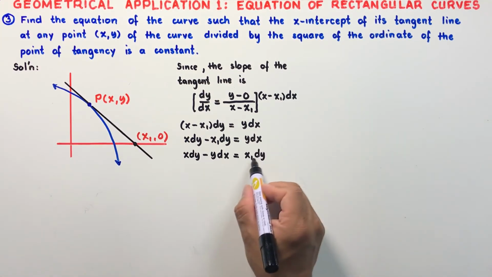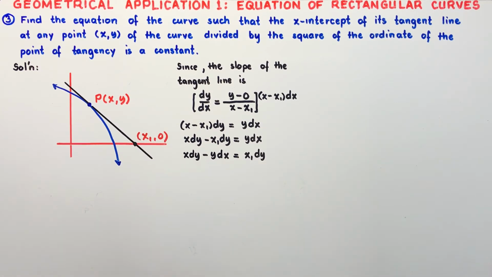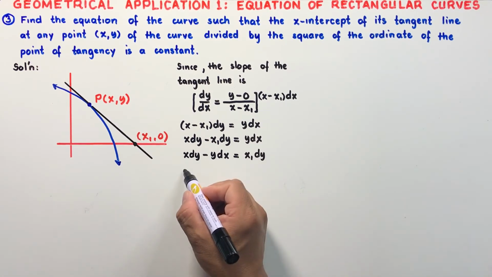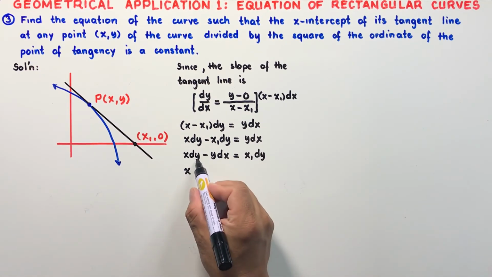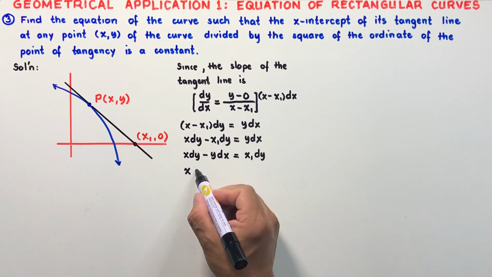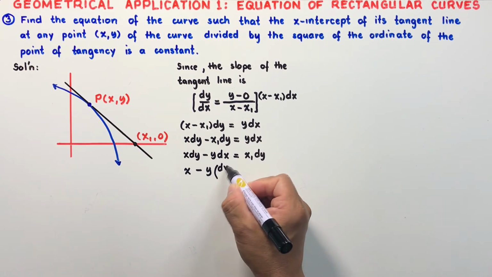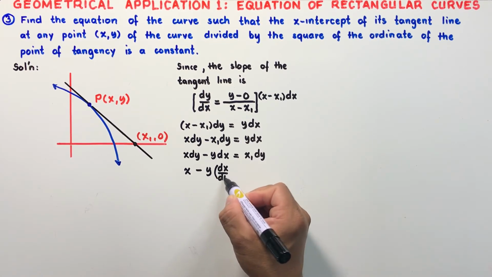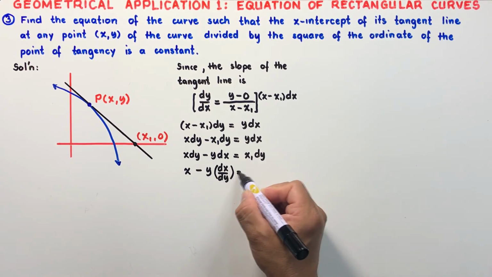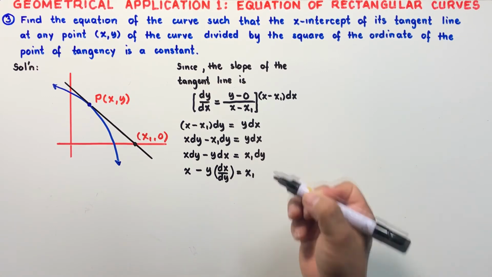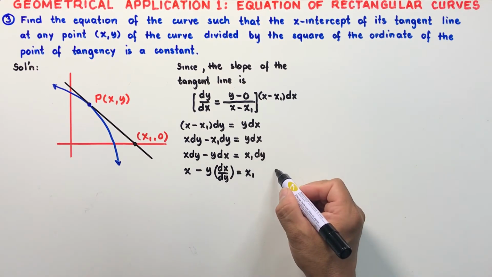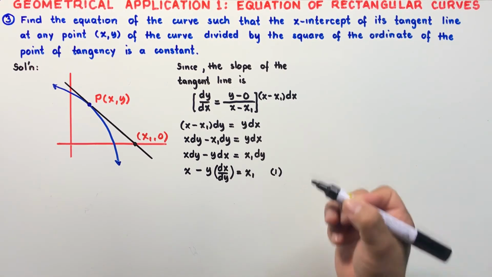Then dividing both sides of the equation by dy, we have x dy over dy, which is 1, minus y times dx over dy, which is equal to x sub 1. So this is now our equation 1.